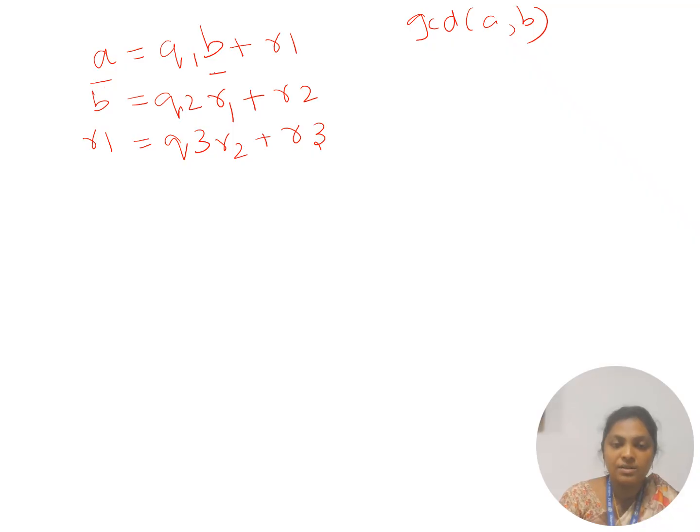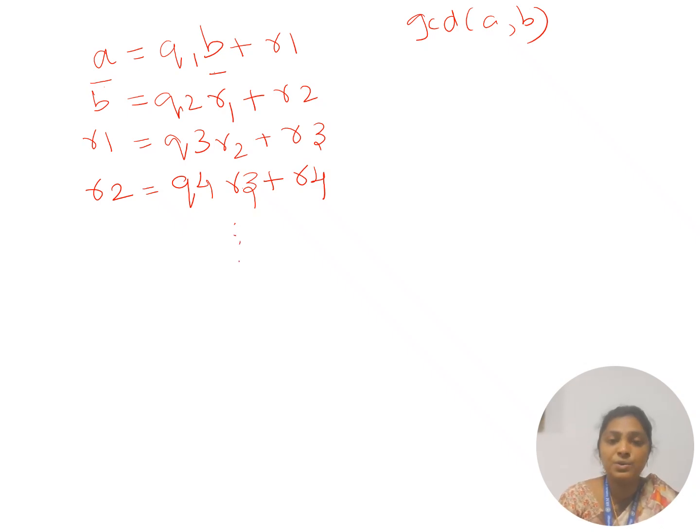Okay. So one more step we will write. The equation is the R2 has to go here. So R2 becomes the new A value and then R3 becomes the new B value. When you divide R2 by R3, we will get the new quotient Q4 and the remainder R4. This should be continued. Okay, when we have to stop, the algorithm stopping criteria is when the remainder is 0.